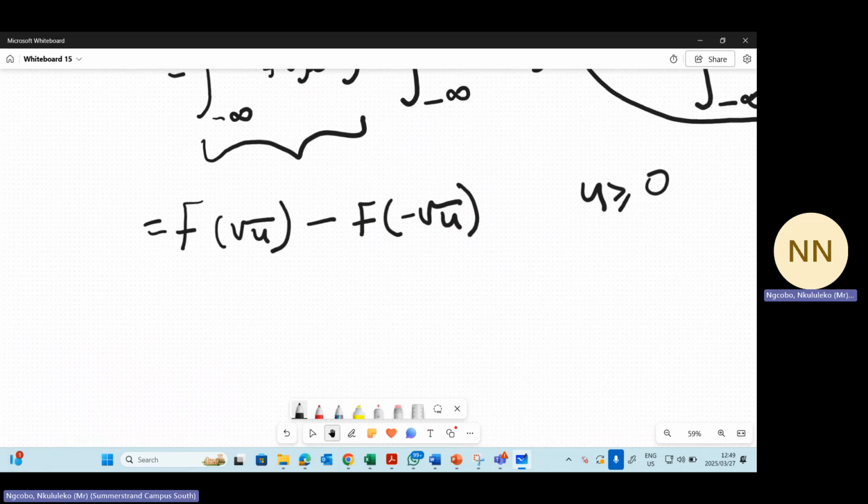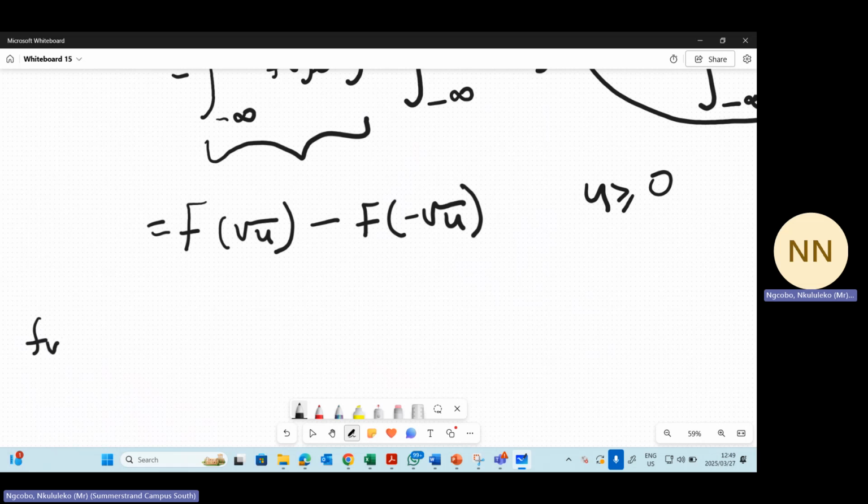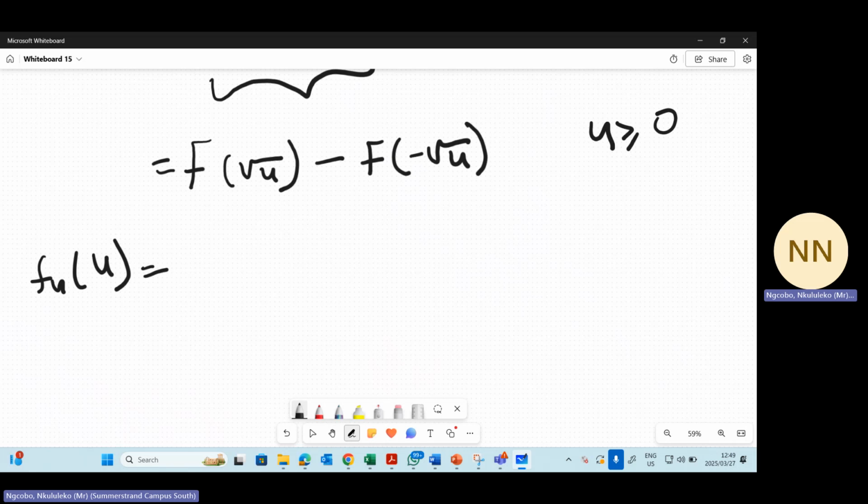Now, how do we find small letter f of u, which is the density function? It's to do the derivative of the distribution function. So this is a function of the square root of u within u, right? So you need to use partial derivative to find the derivative of the distribution function.